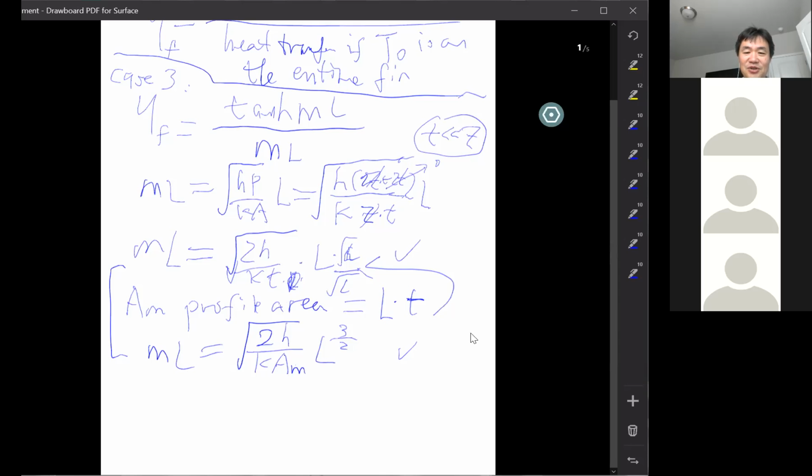The division by square root of L combines with the first term, which moves the L inside the big square root. It's L times T, then becomes AM. But what's left outside is L times square root of L. It becomes L to the power of 3 over 2, 1.5, right?